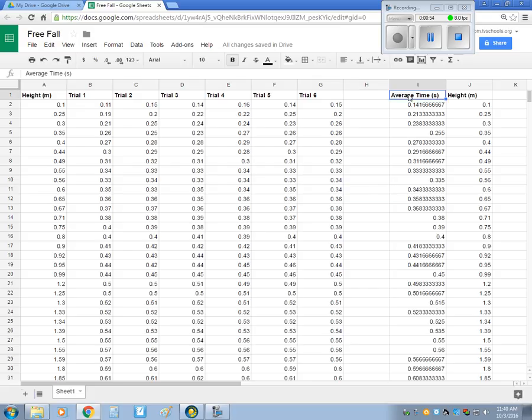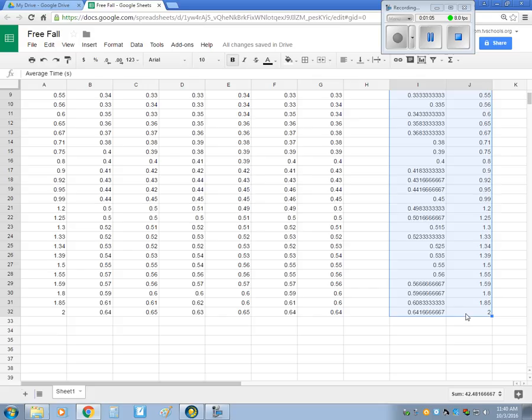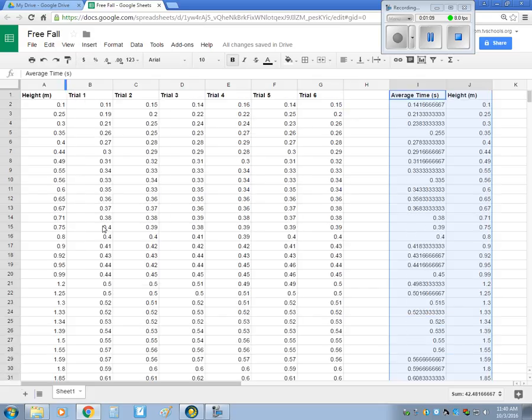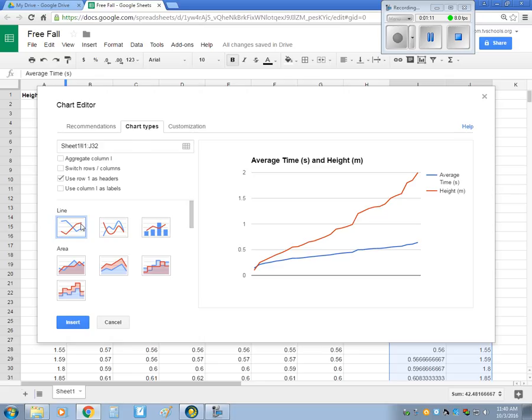Now I'd like to make a plot of this. And remember, when you make a plot, you want to have your x column before your y column. So I want the times on the x, the height on the y. So I'm going to highlight my data. I'm going to go up to Insert, and insert a chart. I'm going to choose Scatter Plot.